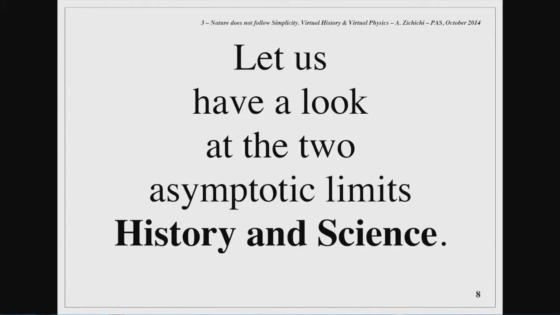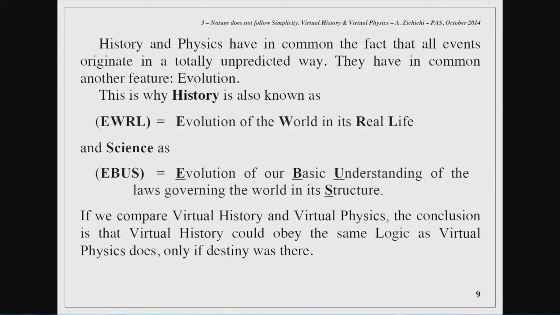Now, let us have a look at the two asymptotic limits of simplicity, namely history, which is the asymptotic limit of complexity, and science, which is the asymptotic limit of the smallest possible complication. History and physics have in common the fact that all events originate in a totally unpredicted way. They have in common another feature, evolution.